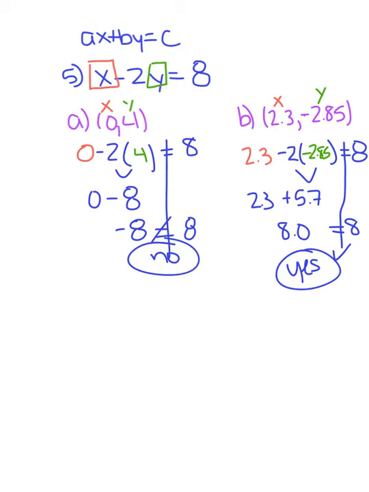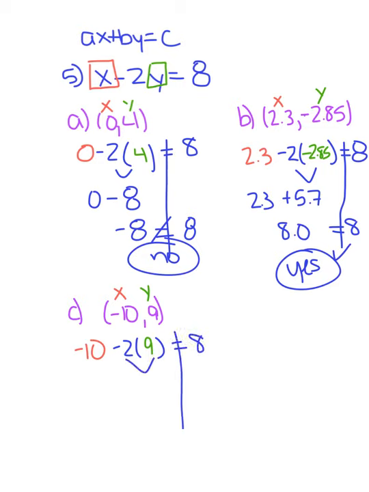All right, one last one. Let's do C. What if we try negative 10, comma 9? So x is negative 10 and y is 9. Starting with the x, we start at negative 10 minus 2 times this 9, and we're going to see if it equals the 8.